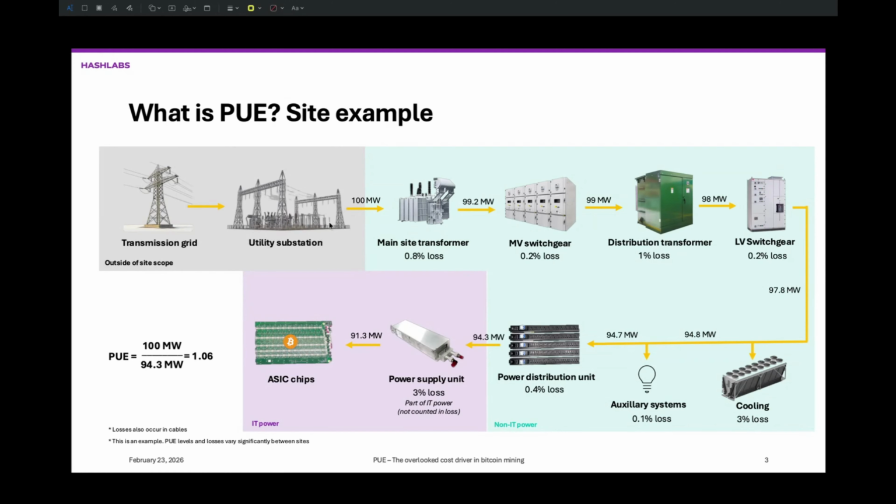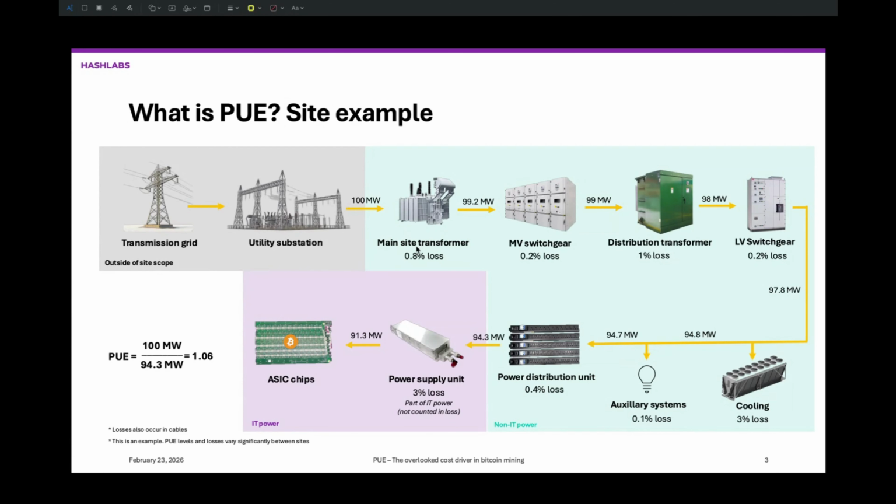The miner is not responsible for the substation in this case, but some miners own their own substation, though it's not so common. So the miner is buying electricity here, 100 megawatts in our example. That electricity flows through the main site transformer that is used to step down the voltage.